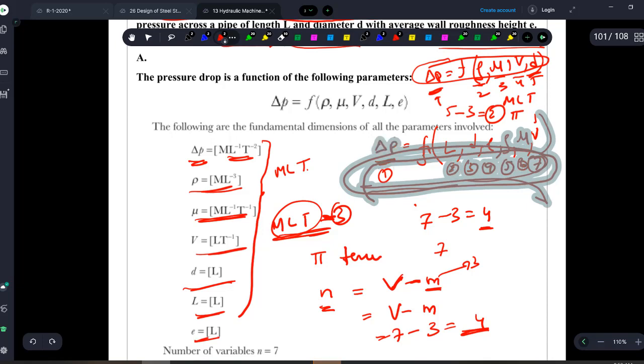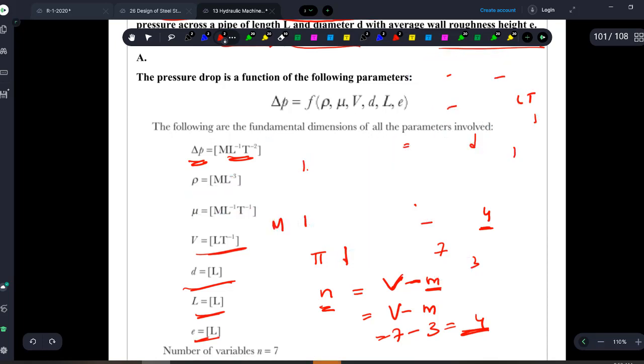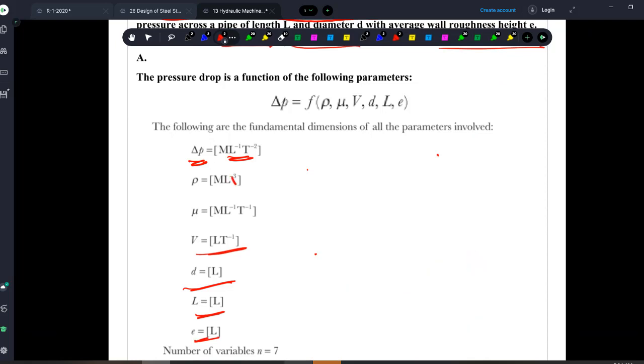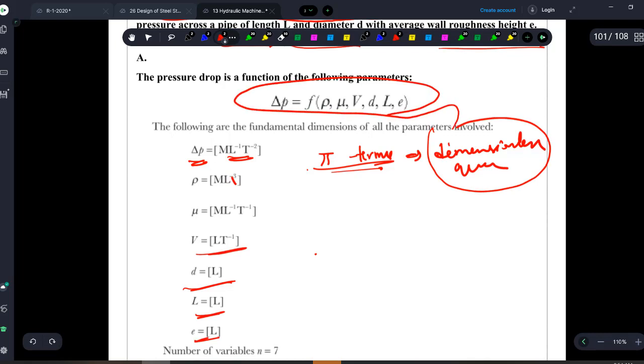Did you understand the concept? So what we can do is reduce the entire equation into pi terms. What are these pi terms? Let us try to understand. Just give me a second. Let me erase this. See, what is this pi term? First of all, pi terms are dimensionless quantities. Instead of asking the number of pi terms which can be formed, he can also ask how many dimensionless quantities can be formed from this equation.